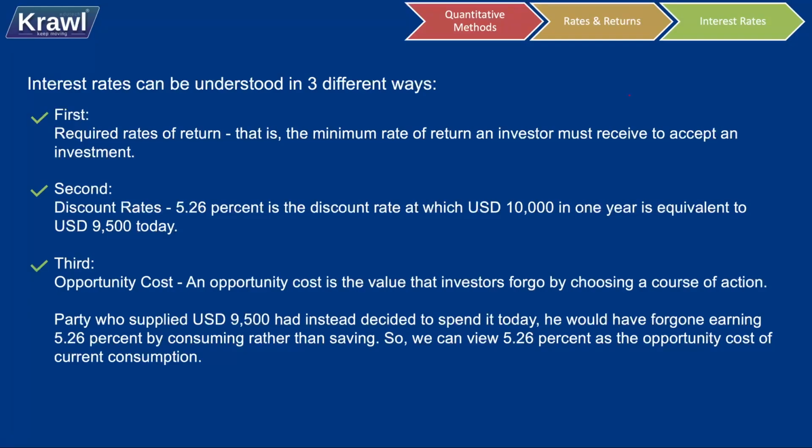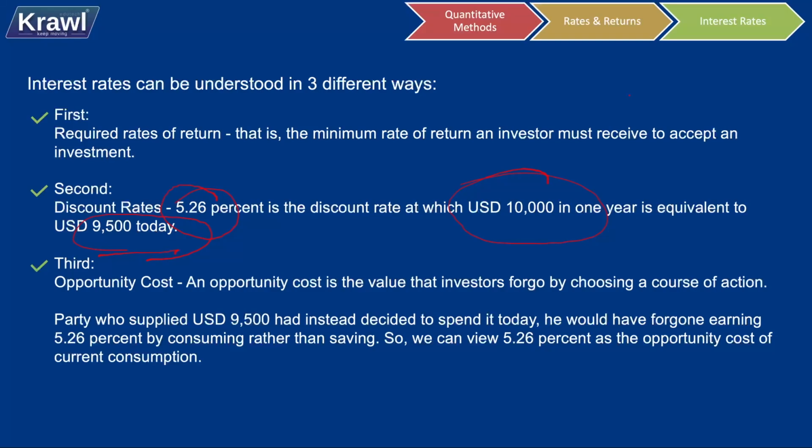And that is how you got an interest rate of 5.26%. So if you use that number 5.26% as a discount rate on the future value of 10,000 US dollars, you will arrive at a number of 9,500 today. So when you speak of the discount rate, you're speaking about a number which is used to discount a future value. So if there is a future value, the rate of interest in that case is called a discount rate, which is used to discount a future value to bring it to today's value.